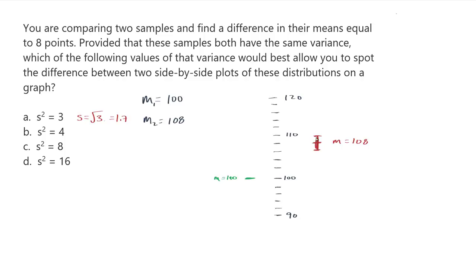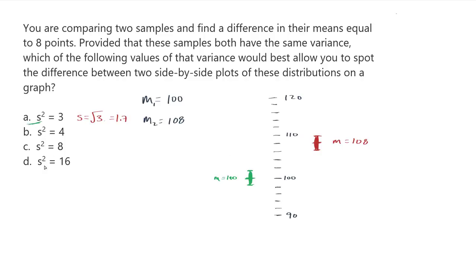So here's my distribution if I have a variance of 3, or standard deviation of 1.7. Same thing over here for my other distribution. Now comparing these side by side, you can see that they don't overlap in any way. They're very far from each other. This one is way down here, this one is way up here. That's if I went with A.